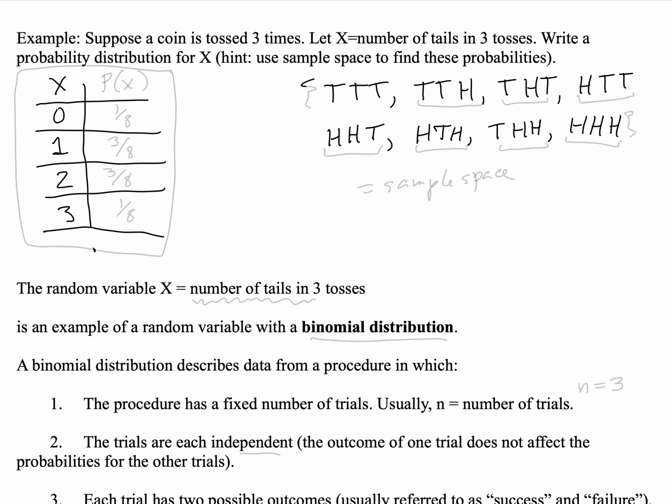So this is the sample space for that experiment. That's the set of all possible simple events when I toss a coin 3 times.